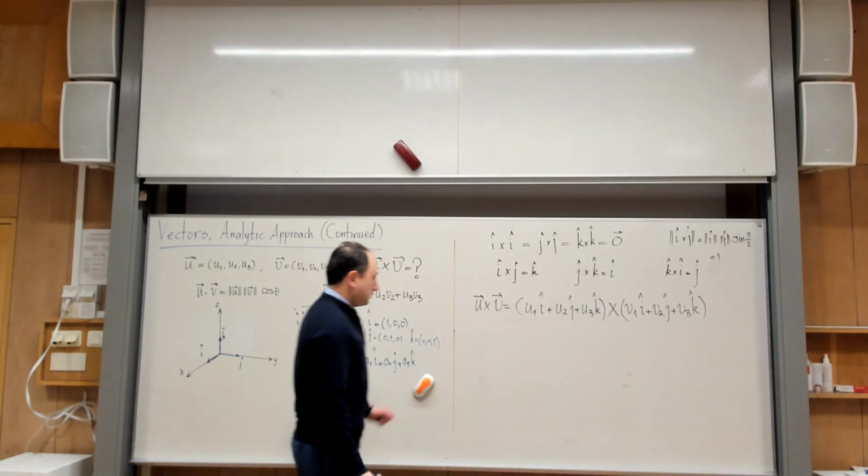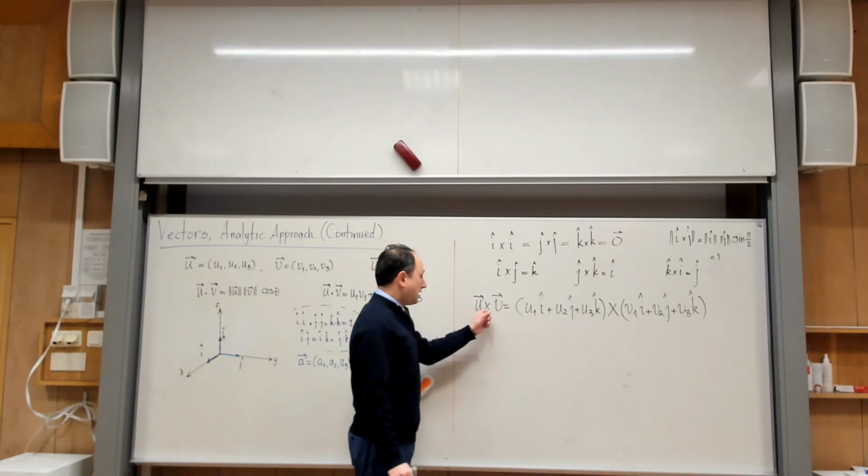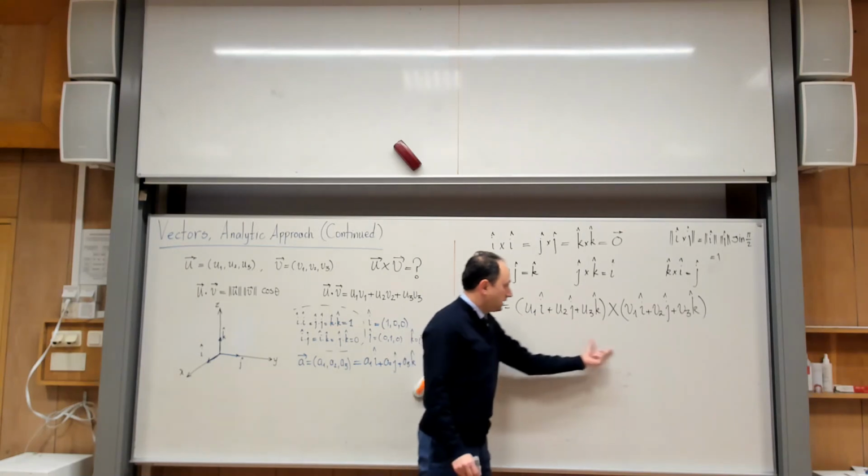We know that this operation has the distributive property, so I can just distribute this product here.